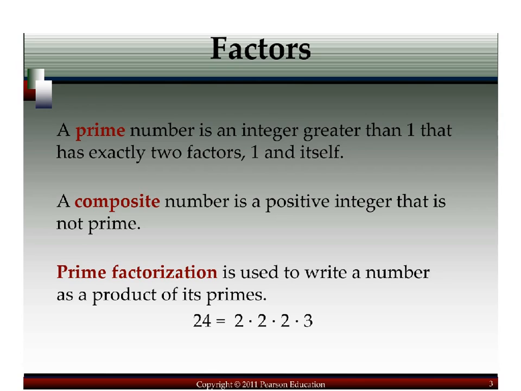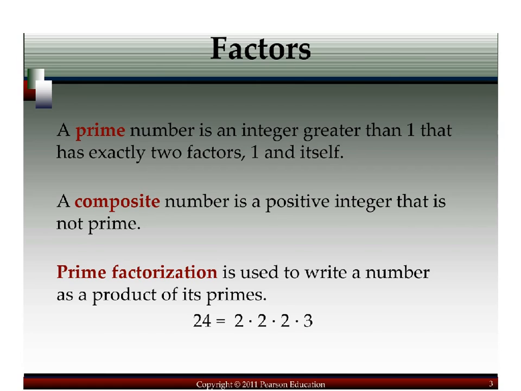And then prime factorization, we can use this to help us in figuring out the GCF of many numbers. The prime factorization breaks down like this. We can take 24 and break it down into all of its prime factors. So 2 times 2 times 2 times 3 is going to equal 24.